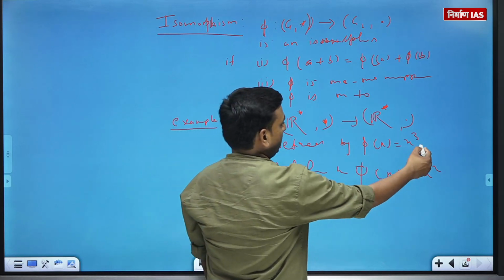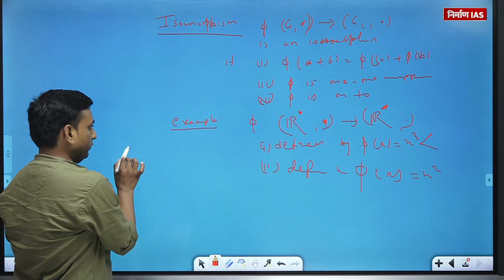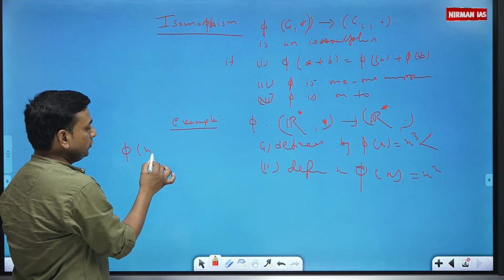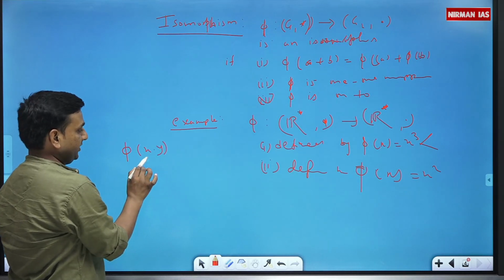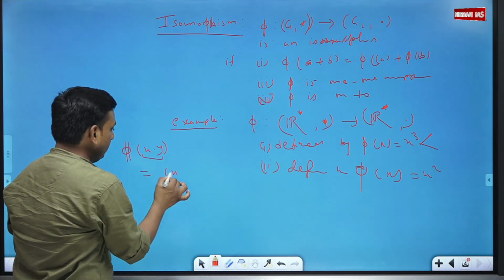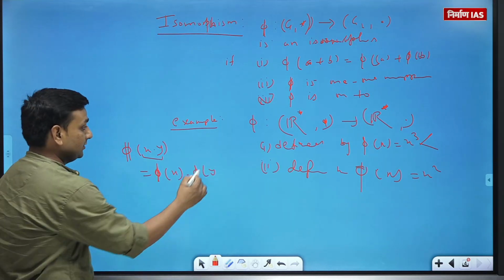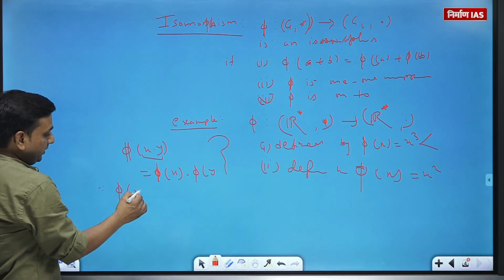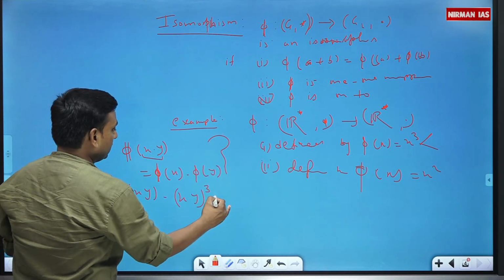So if I talk about this, first of all, operation preservance should hold. So what you wish to have is, phi of x into y, these are two elements. You want to know whether this is equal to phi of x into phi of y or not. For this, since phi of x into y by the given definition will be xy whole cube.